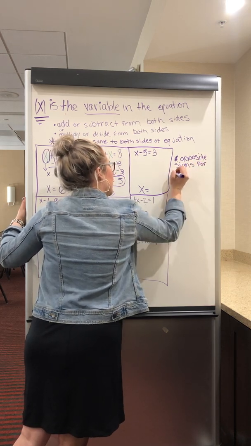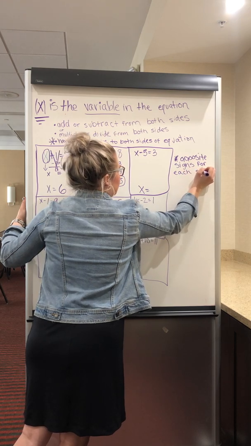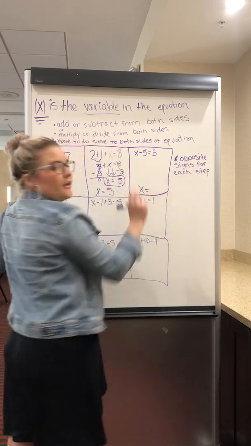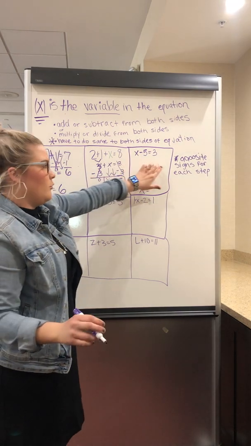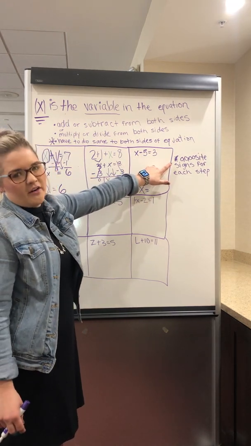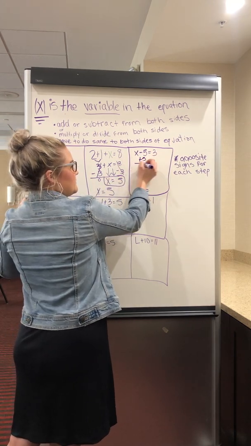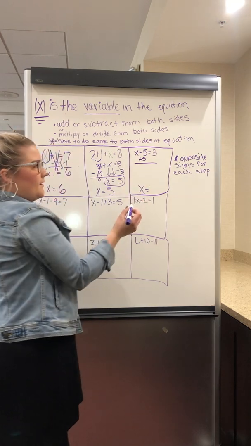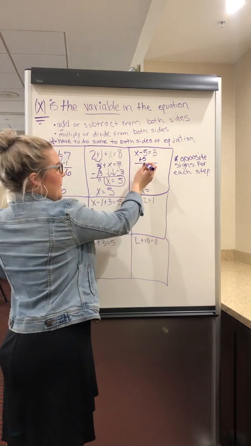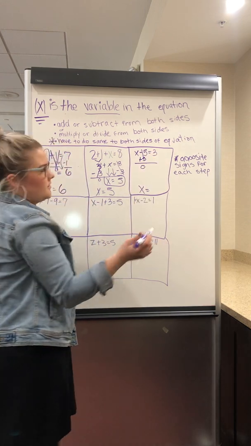for each step. So here is our first step. We're going to use the opposite sign. We're going to put a star by that also because it is very important. So we're going to add 5. Minus 5 plus 5 is 0, so we're going to mark those out. Nothing to do there.